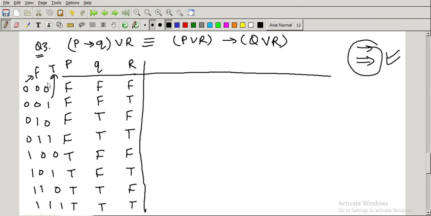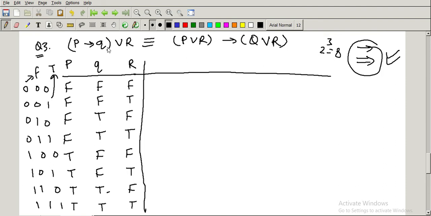So 0 means false, 1 for true. Replace it with that, and you can easily make this truth table for 3 variables. Because for 3 variables, how many combinations will there be? For 3 variables, 2 raised to power 3, 8 combinations: 1, 2, 3, 4, 5, 6, 7, 8. Don't write this in your exam, but keep it in your mind, and write this table only for true and false. Remember this.